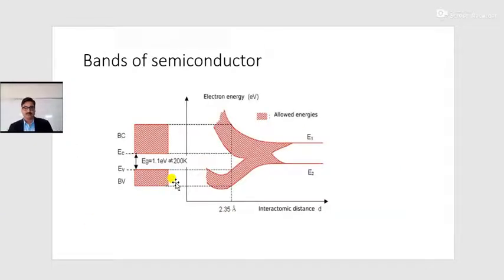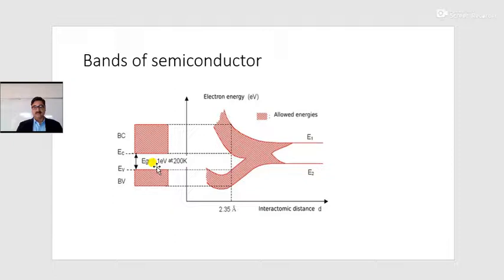And on the basis of band structure, matter is divided as conductor, insulator, and semiconductor. The main parameter is the energy gap between conduction band and valence band. So if it is greater than 3 electron volt, then it is an insulator.